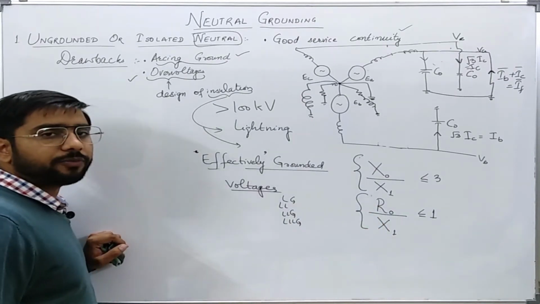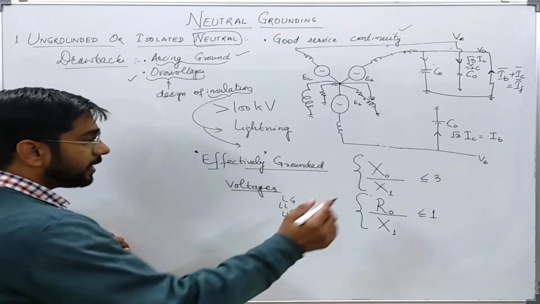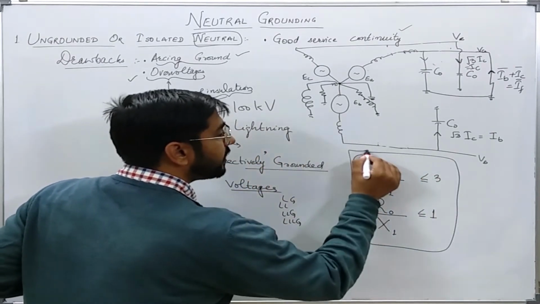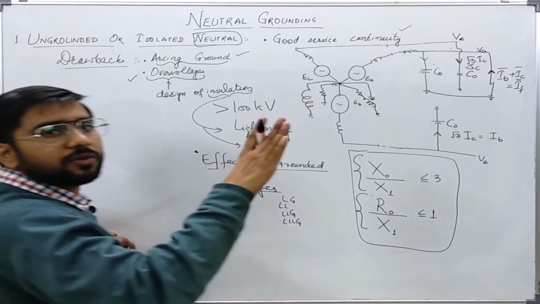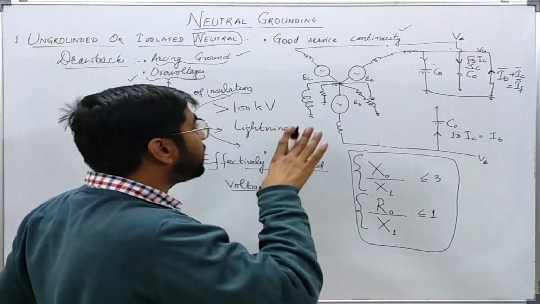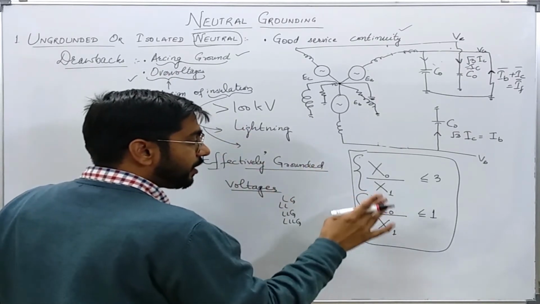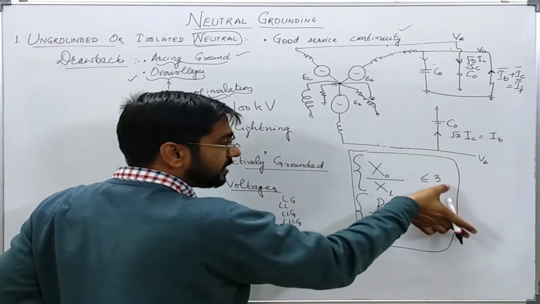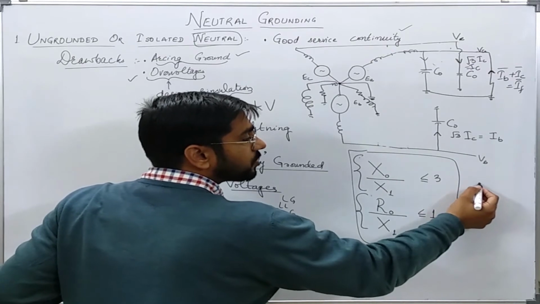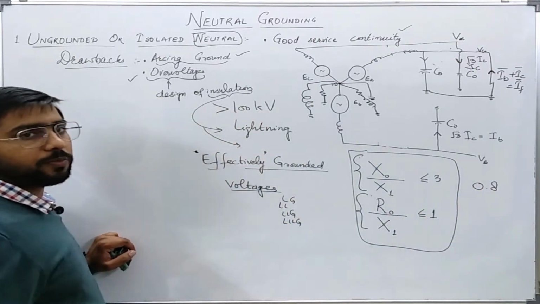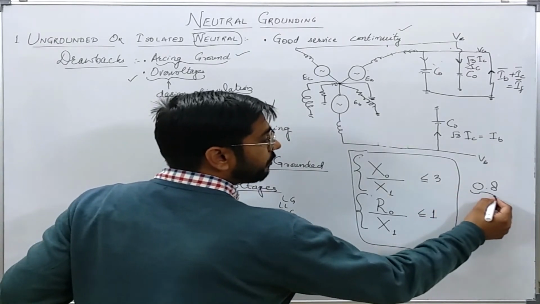We will find from those graphs that if these two conditions are satisfied, then even in the worst case scenario, the voltage of any phase does not go beyond 0.8 times the line to line voltage.